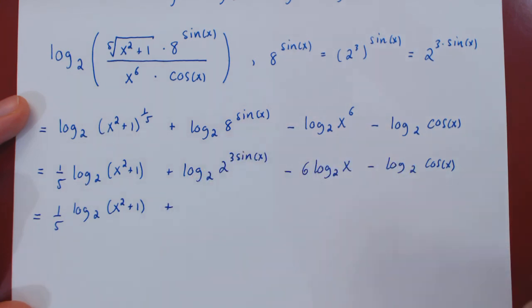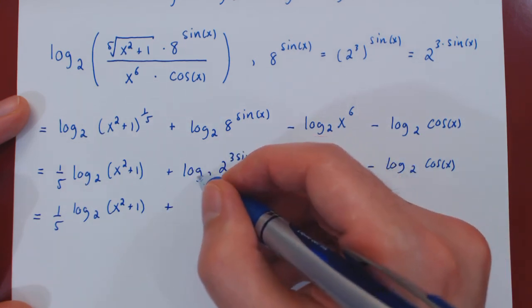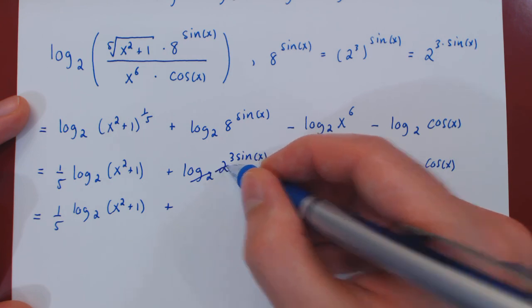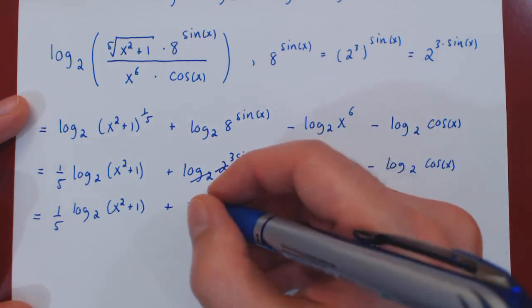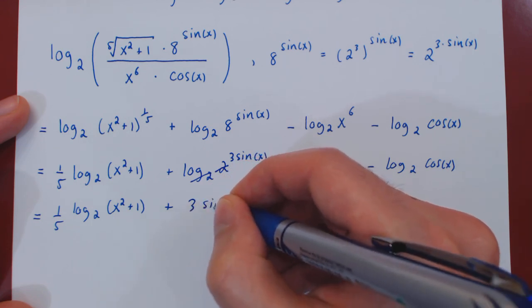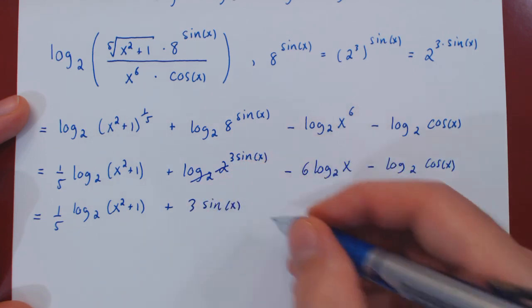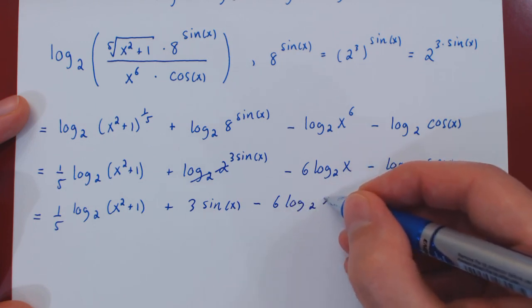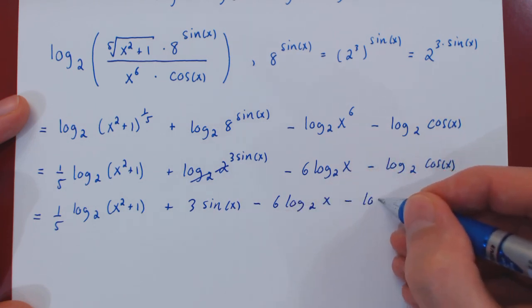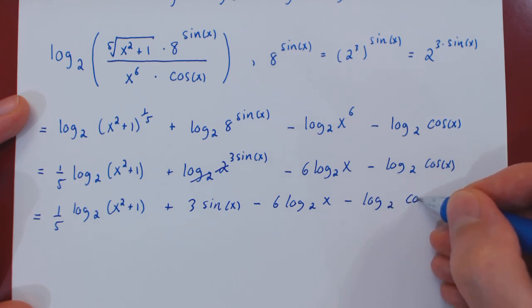It's a very simple simplification, canceling the logarithmic function base 2 with the exponential function base 2. And so we're left with 3 times sine of x minus 6 log base 2 of x minus log base 2 of cos of x.